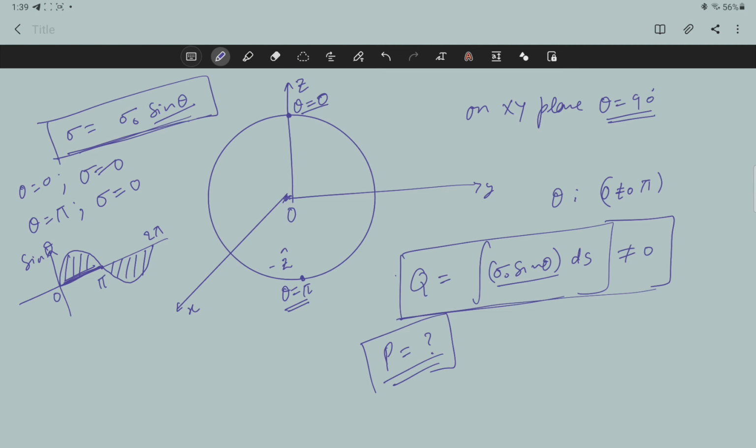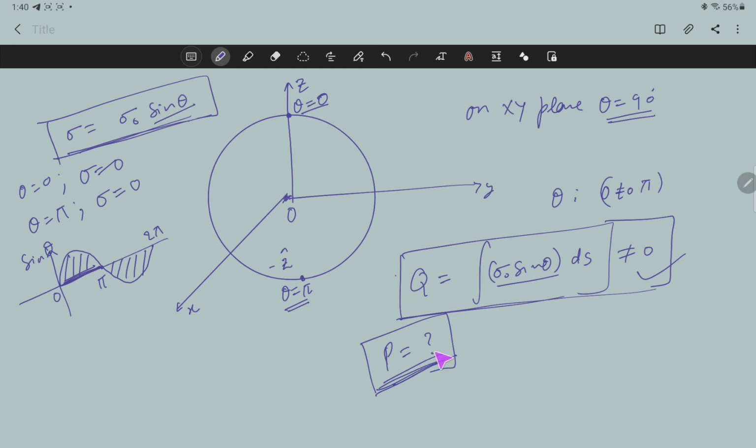I hope you have learned in class that if the total charge of the system is 0, then the dipole moment you calculate will be independent of the origin; you can take the origin anywhere. But if the total charge is not 0, then the dipole moment will differ if you take the origin at different locations.